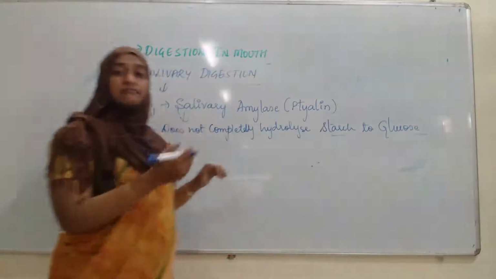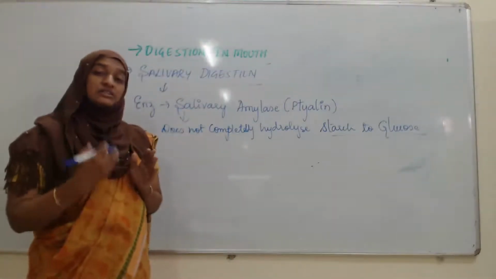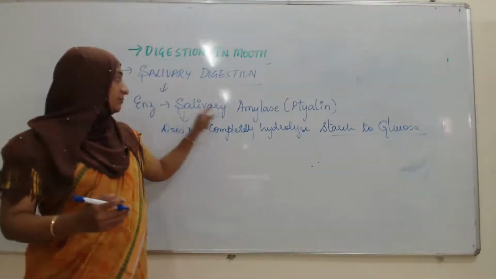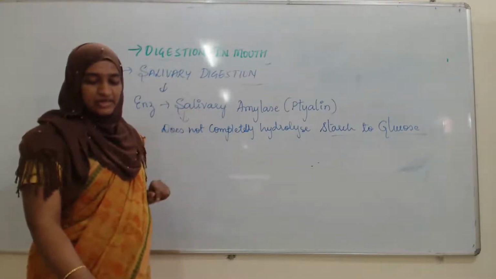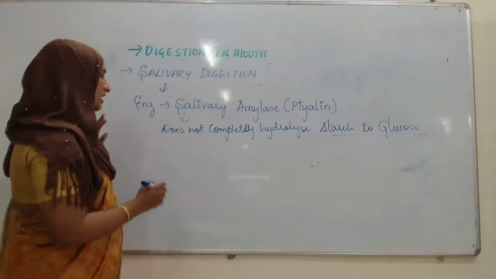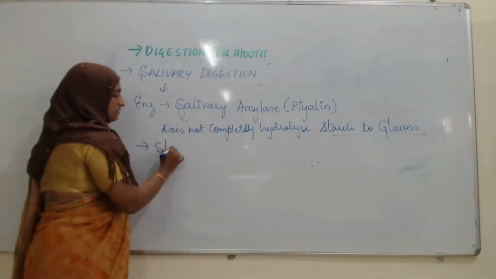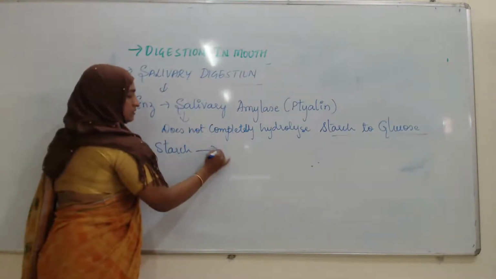Okay, the direct conversion or breaking down of starch into glucose is not going to be completed with what? With the enzyme, that is the salivary amylase. But the starch is going to convert into the maltose.